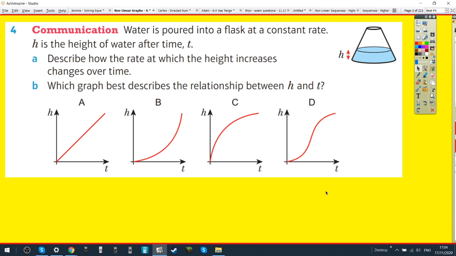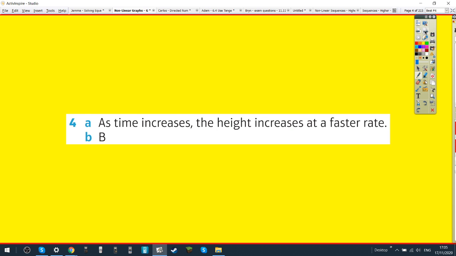Which one best describes the relationship? Is it B? I think it's B, yeah. So it's going to be faster. Yep, B.